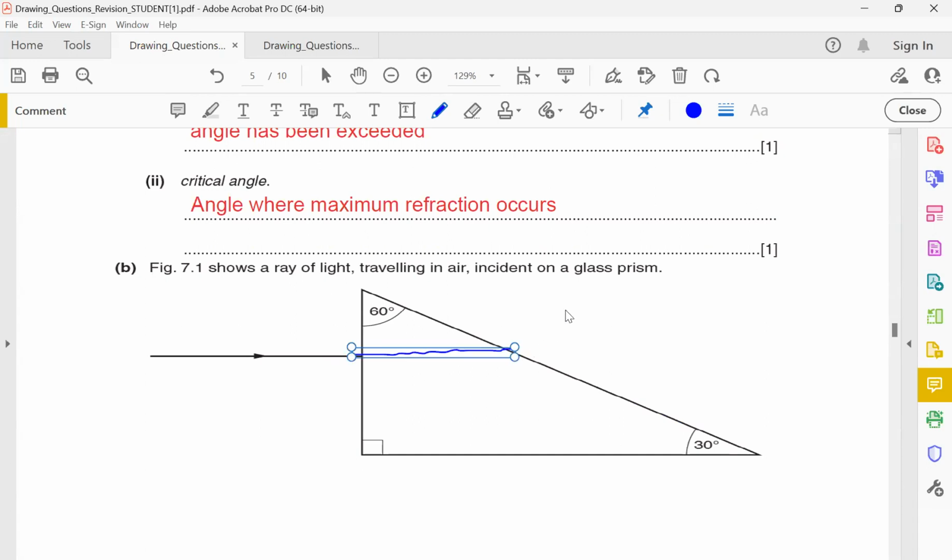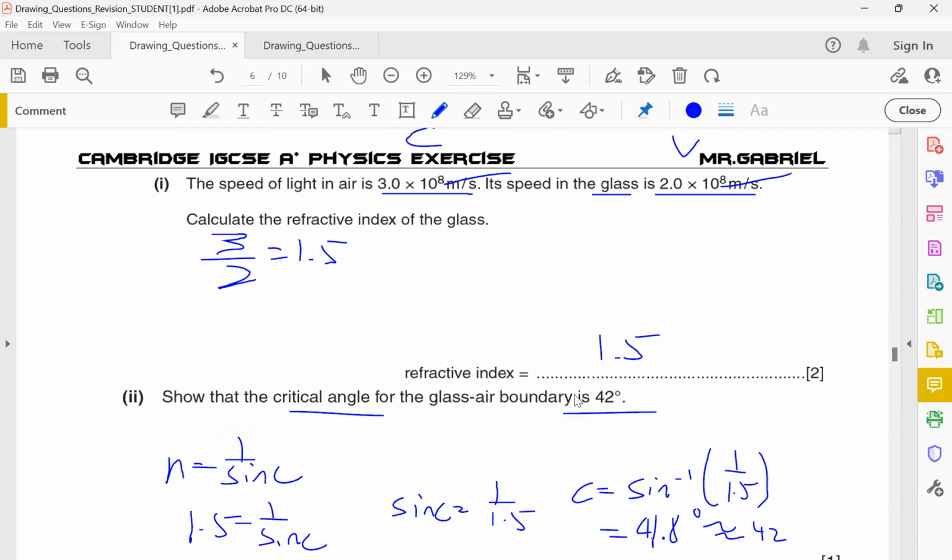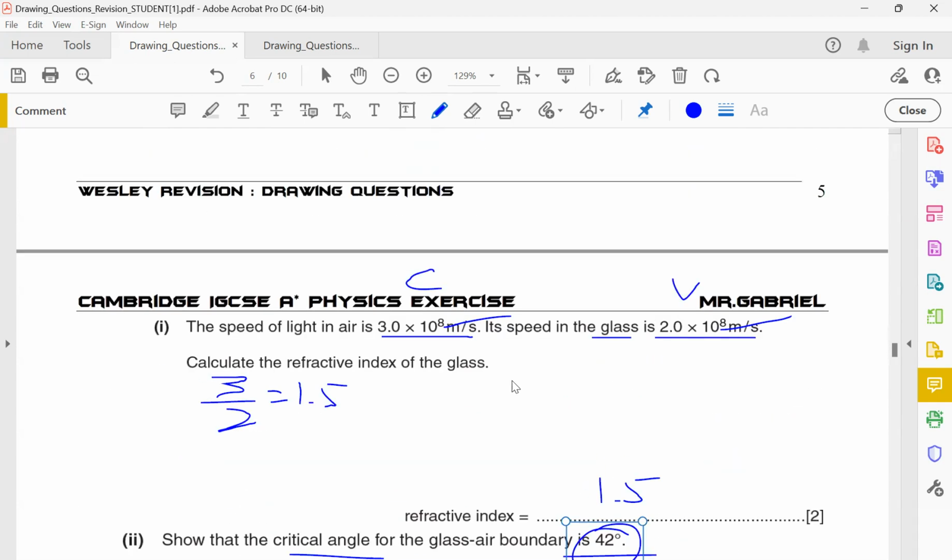Then after that, you don't even need to use a ruler. You'll know that here is 30 degrees, right? And here is 60 degrees, right? And you know for a fact that 60 degrees has exceeded the critical angle, which was stated to be 42 here, right?